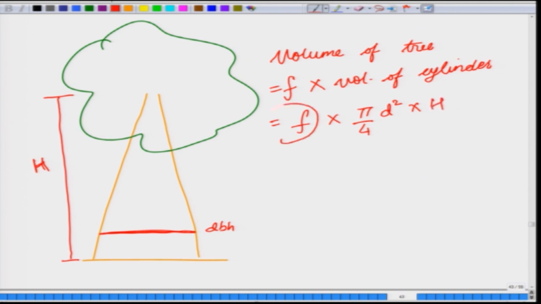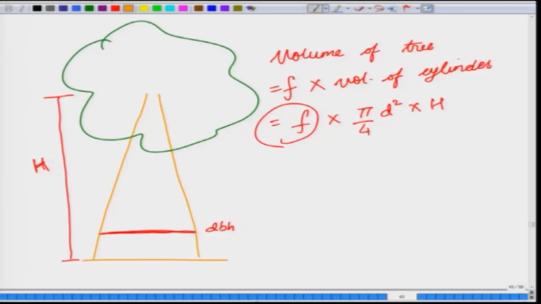Now, F would depend on, as we saw in the previous lecture, the species, the site, whether your tree is lying in the center or towards the periphery. It would also depend on the genetic characteristics of the trees in your area.